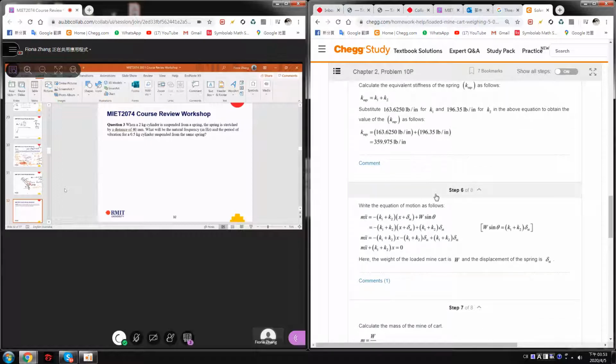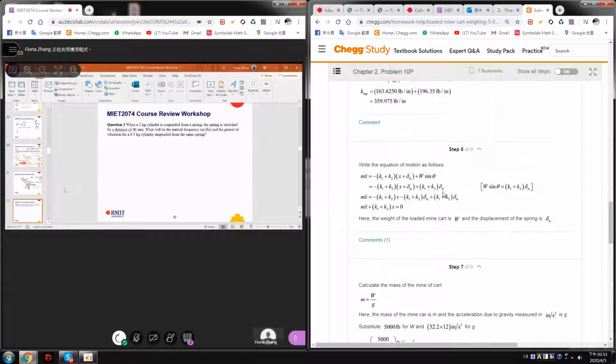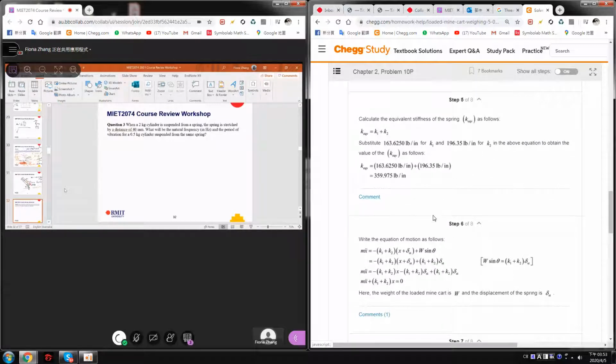What will be the natural frequency in hertz? So it asks for frequency, okay? Not natural frequency and the period. Right, so frequency is in hertz.